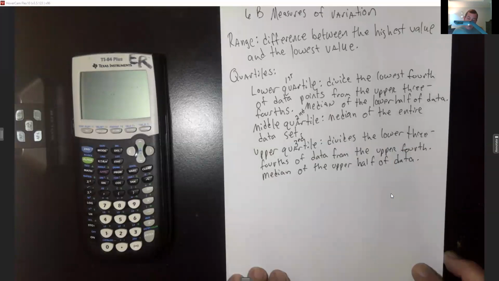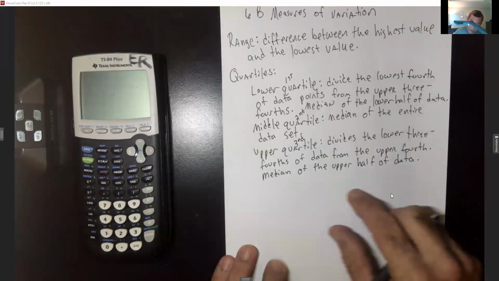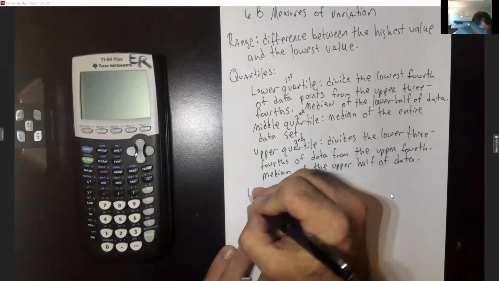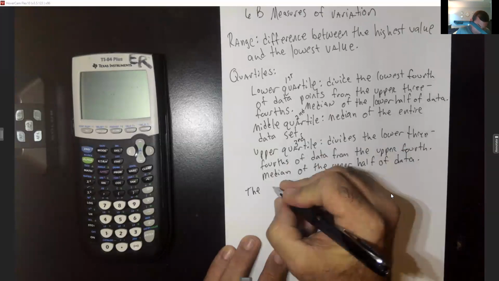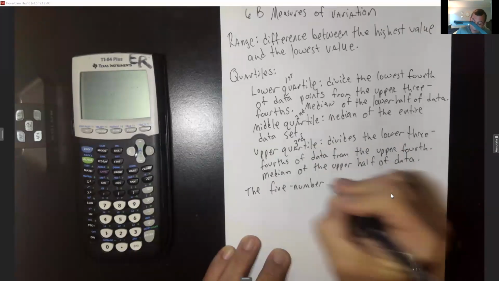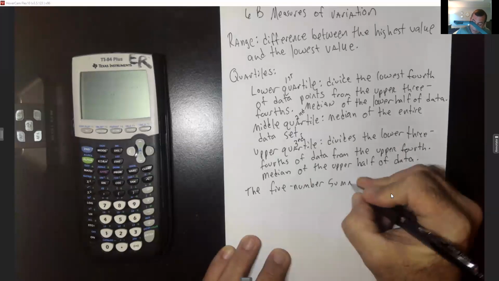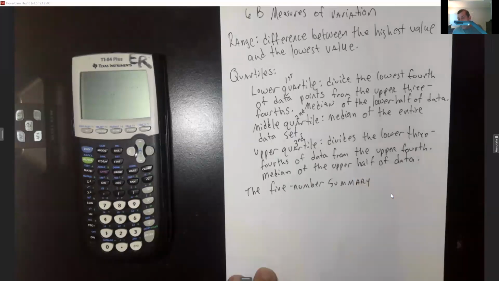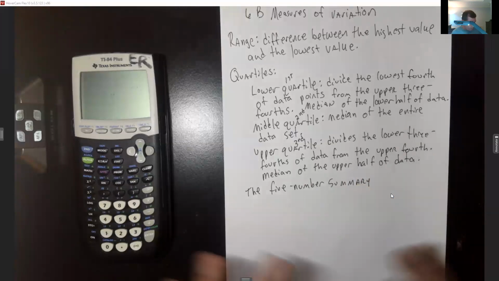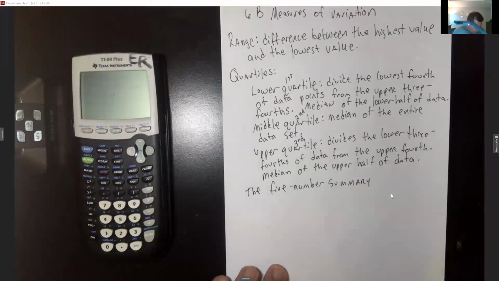So, in order to draw a box and whisker plot, we're going to go by what they call the 5 number summary. This is basically how we'll get the lines we're going to draw for the plot. It's going to consist of the following numbers.